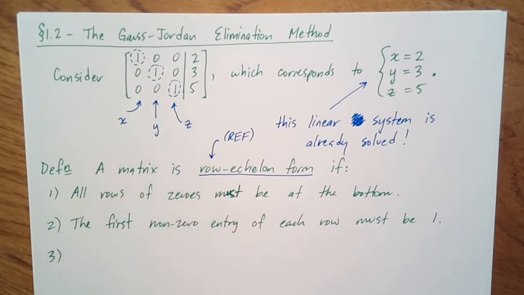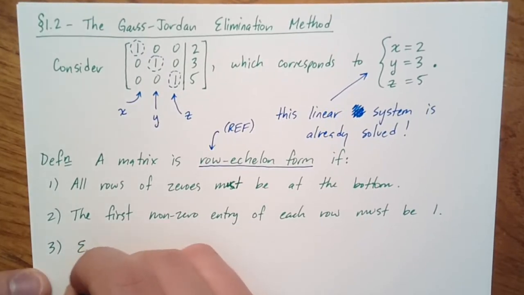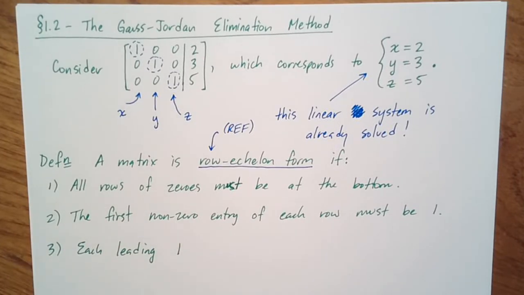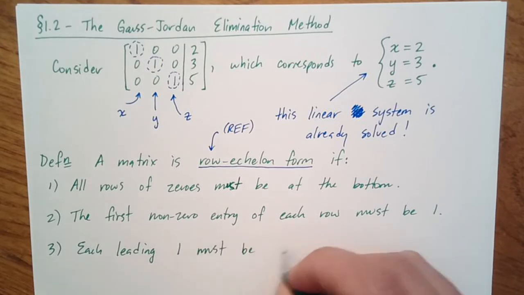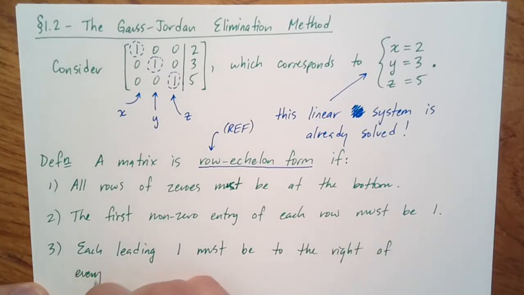And the way you would say it precisely is: each leading one must be to the right of every leading one above it.